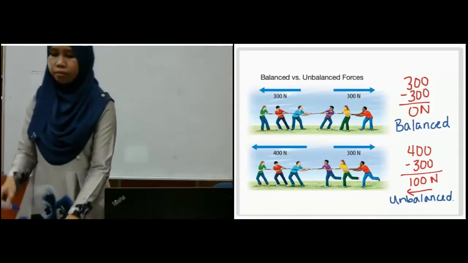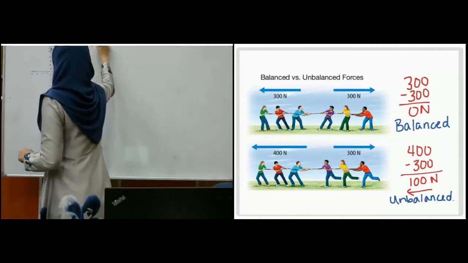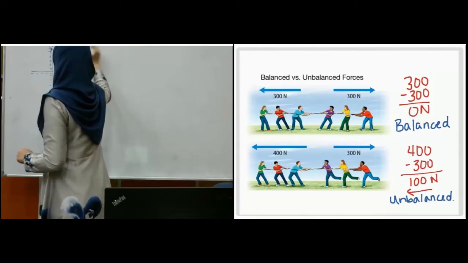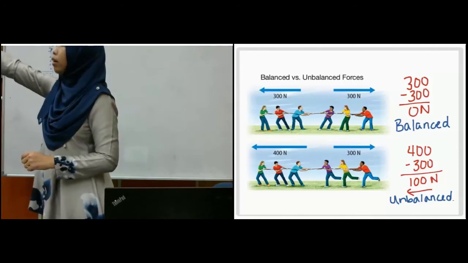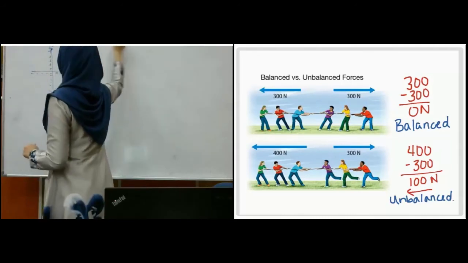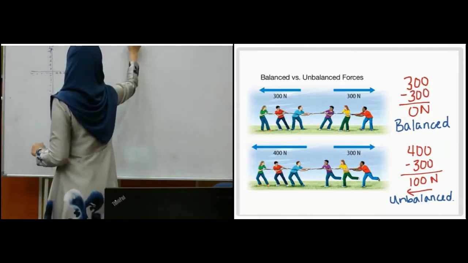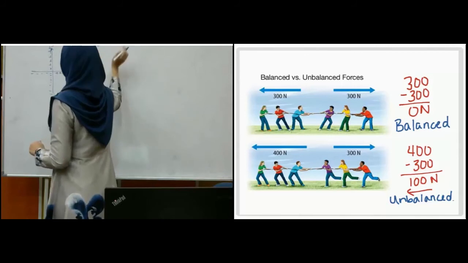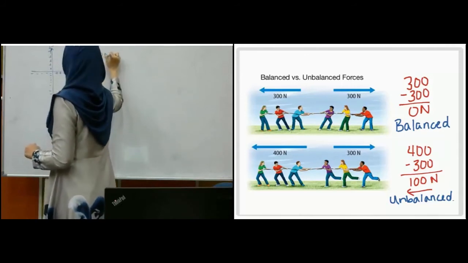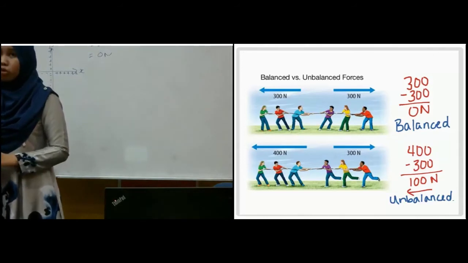Negative 300 Newton here, plus 300 Newton here in this direction. So 300 and 300, you will get 0 Newton. So 0 Newton, we call it a balanced force.